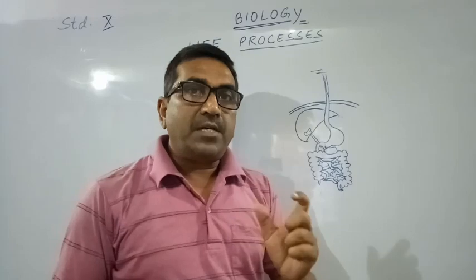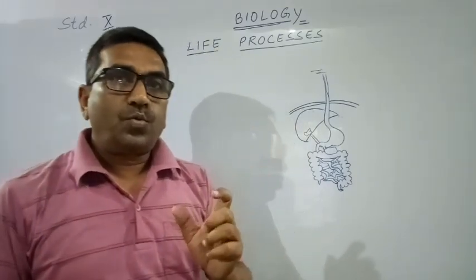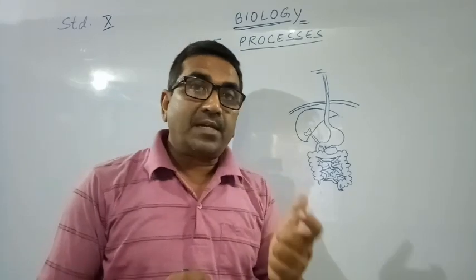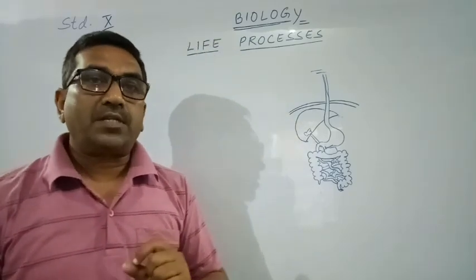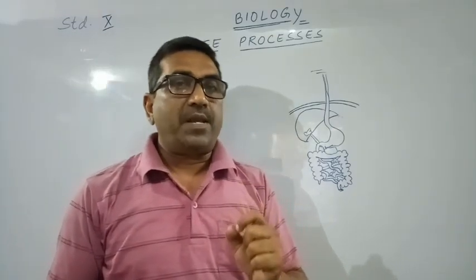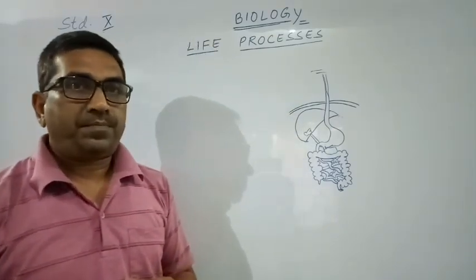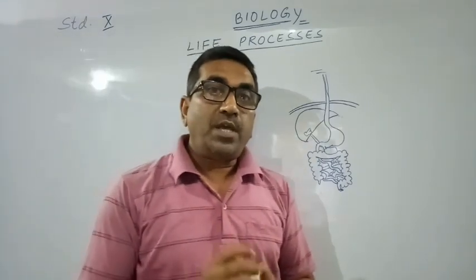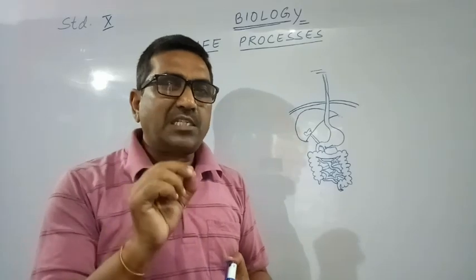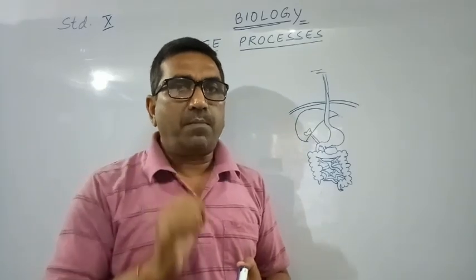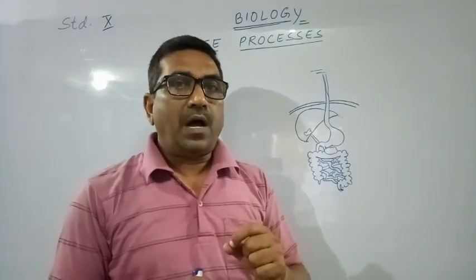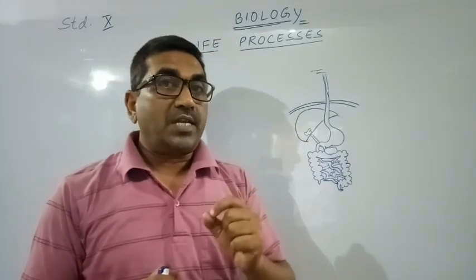Digestion can be divided into two basic parts: mechanical digestion and chemical digestion. Mechanical digestion takes place in the mouth itself, because we chew the food and break it down into very small particles. It is done with the help of our 32 teeth.